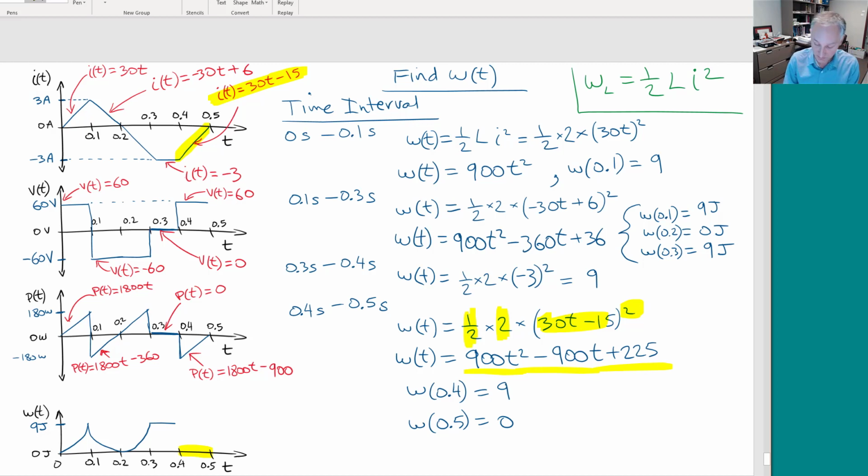And let's get a couple data points. At 0.4, it's equal to 9, which is what we want because that's where we left off with the previous line segment. And then at the ending, at 0.5, the energy is 0. So it's going to come back down to 0. And that's what it looks like.